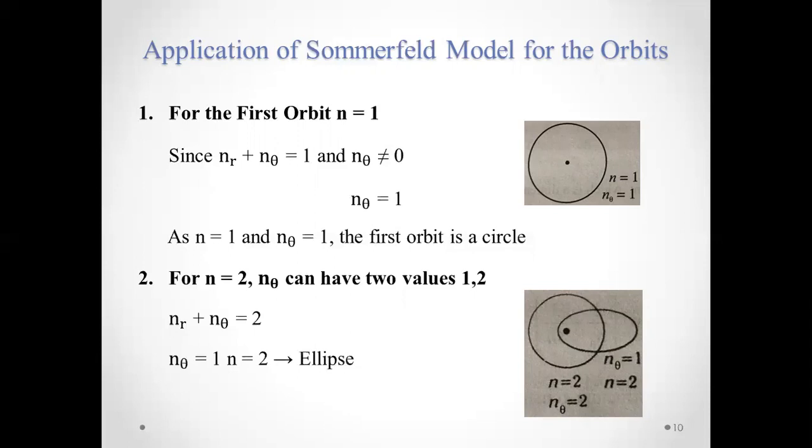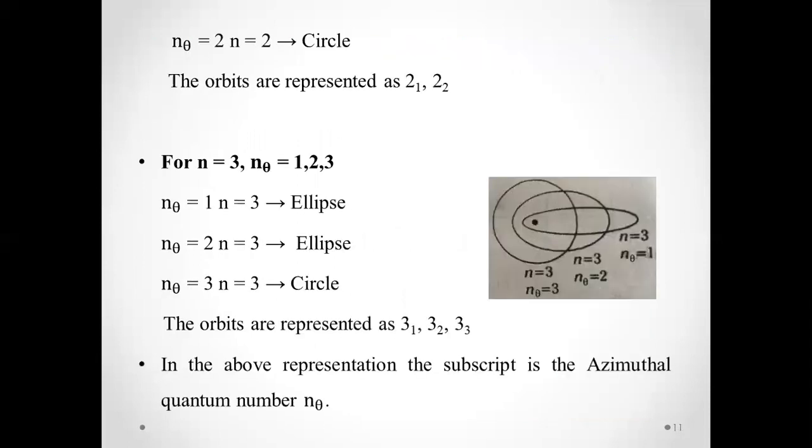Now, this gives rise to the elliptical orbit, since the value of n theta and n are different. If n theta is equal to 2 and n is equal to 2, the resulting orbit is a circle. The orbits are represented as 2,1, 2,2.